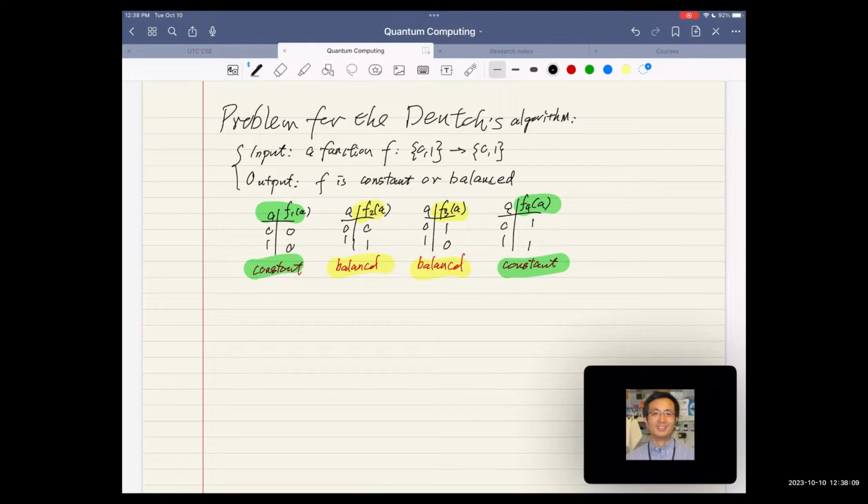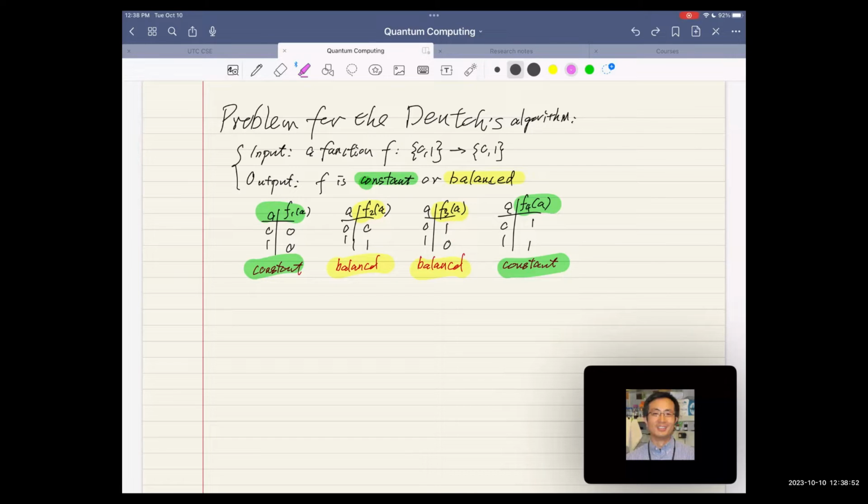If we summarize, constant is f1 or f4, and balanced will be f2 or f3. That's better than tossing a coin, hopefully. So the function converts input 0, 1 into 0, 0, 0, 1, 1, 0, 1, 1.